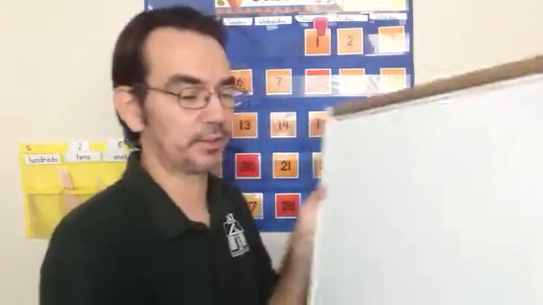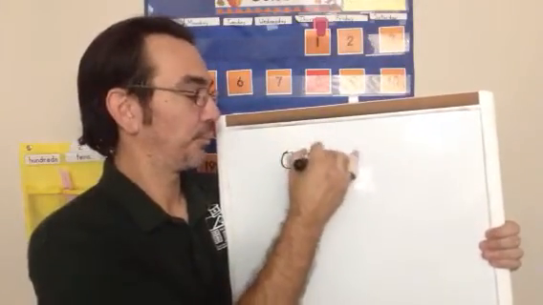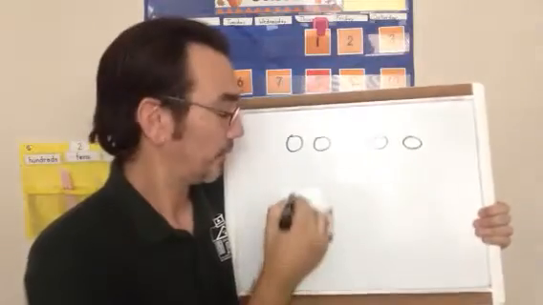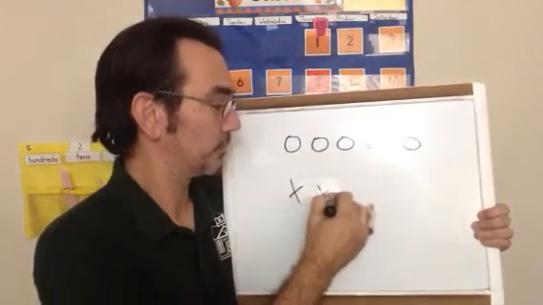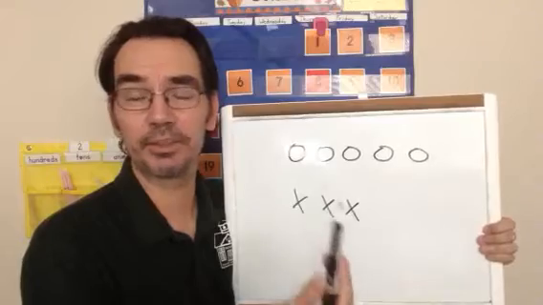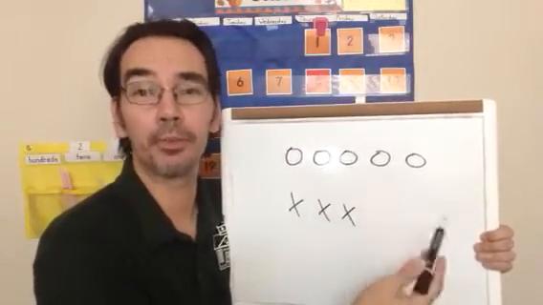Now, there were some other things that we did during the chapter that I want us to practice real quick, like this. We would have pictures that we would compare with others. And you would line them up to see what the difference is, to see how many more or how many fewer.